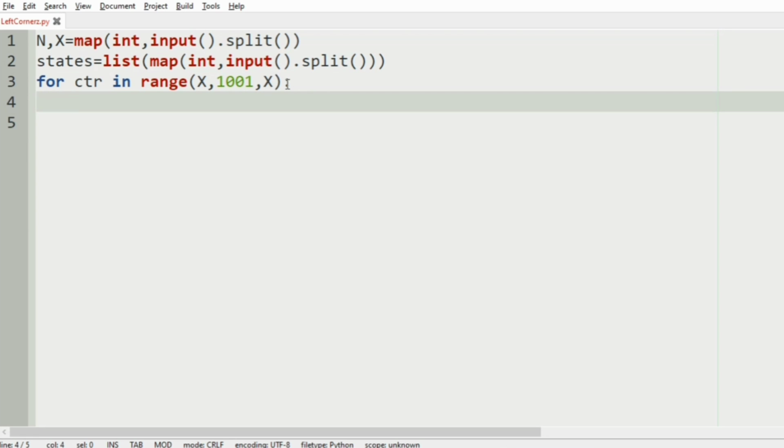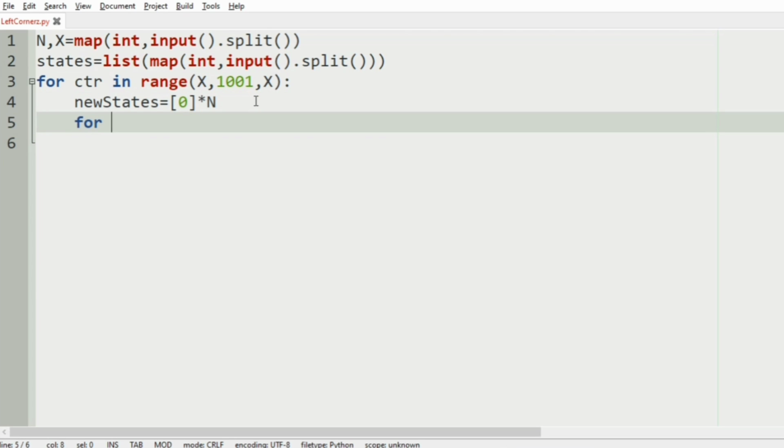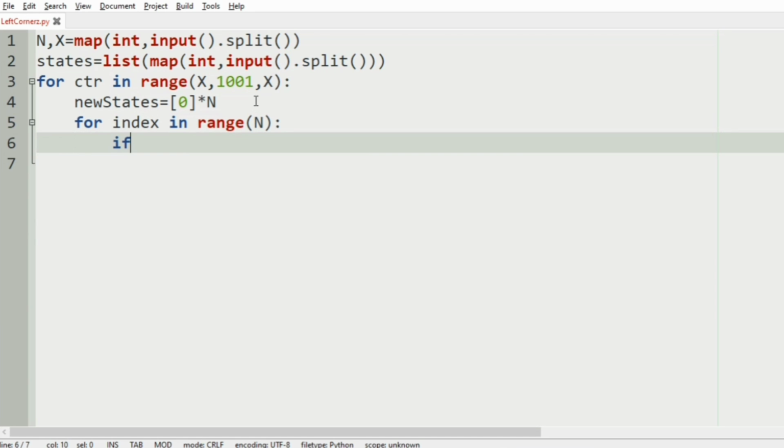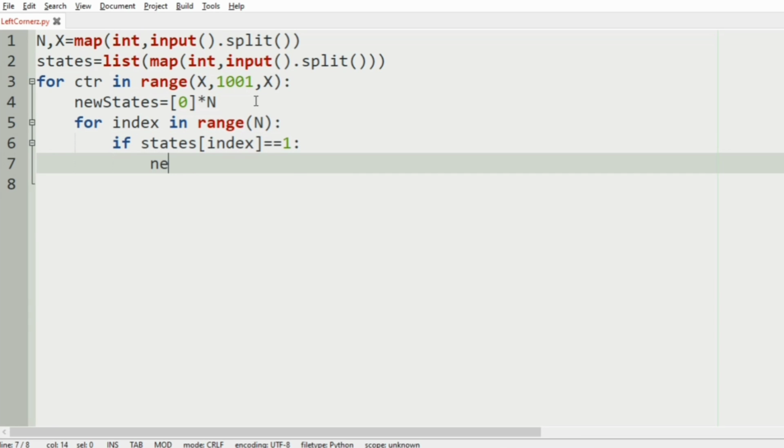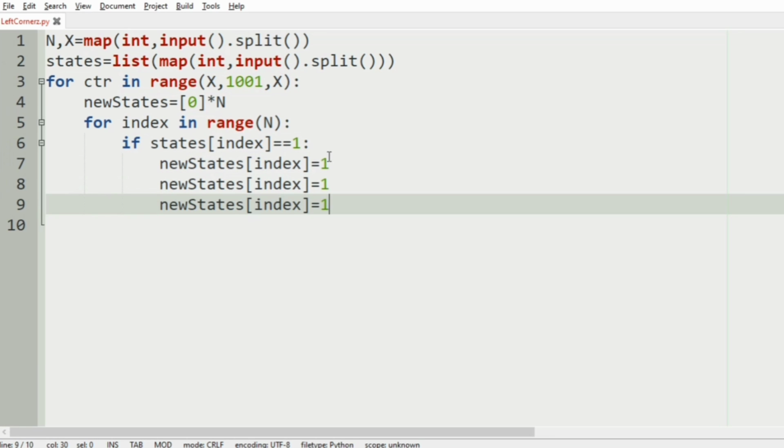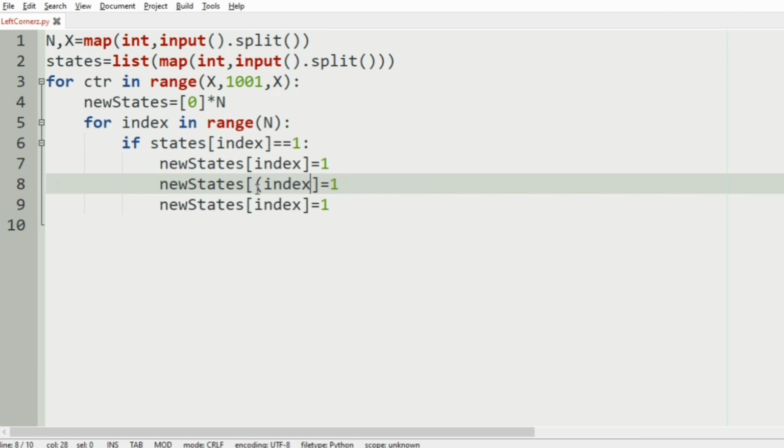So after this we'll have the new states as 0 into n, and for index in range, that is iterating over the states, if the states of index is equal to 1, then the new states of index is equal to 1, and the new states of index minus 1 modulo n should be equal to 1, that is the adjacent to it.